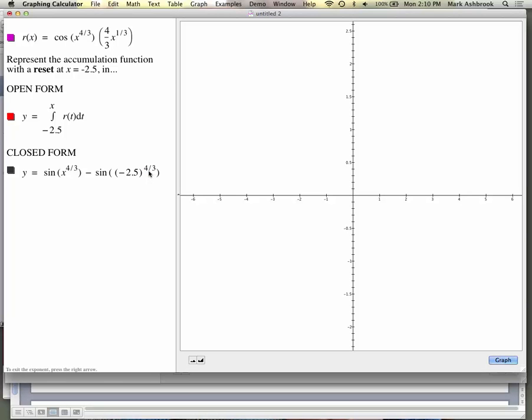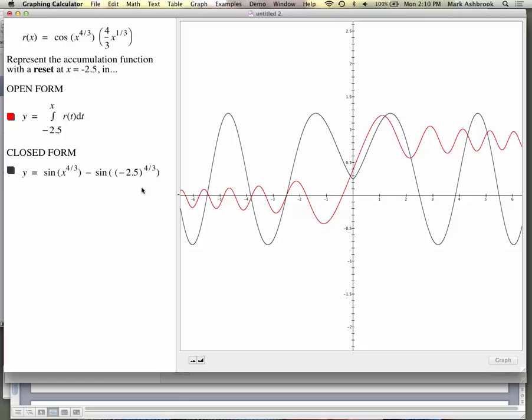Ready? Here we go. Still didn't work. What happened? I'm stumped. We did something wrong though. What's wrong? I think it's the 4/3 exponents.